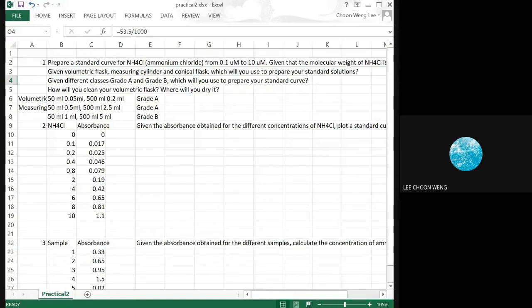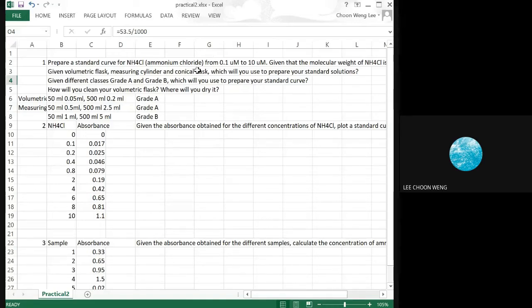So when you're doing standards, the accuracy of your volume measurement has to be as precise as possible. Among the glassware noted here, volumetric flask, measuring cylinder, and conical flask, the least accurate is actually the conical flask.